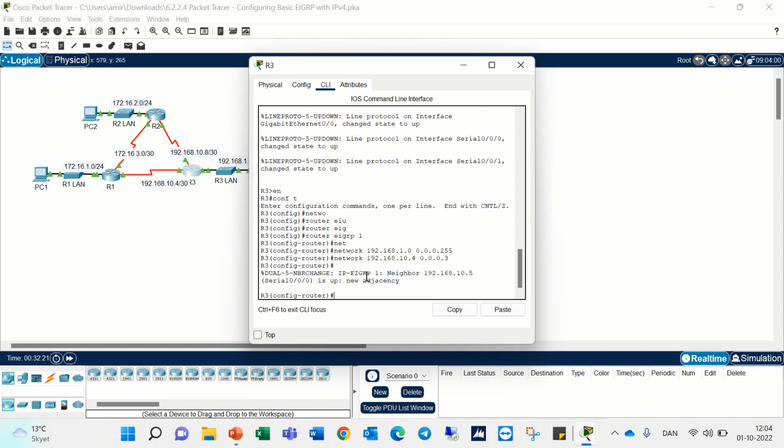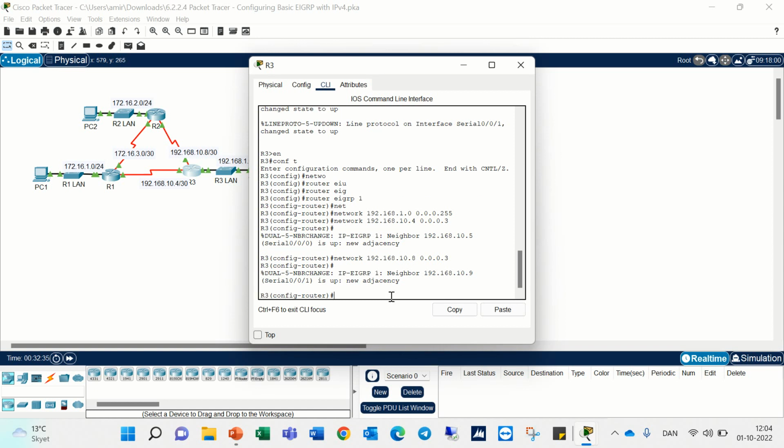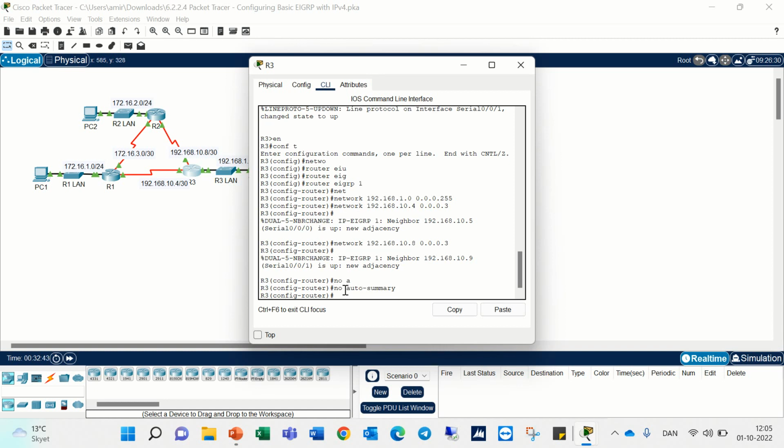And you can see the log here, adjacency, new neighborhood, and 10.8, and also this is the same wildcard mask /30, and a new adjacency here between router 1 and router 3, and router 2 and router 3. No auto-summary, passive interface.